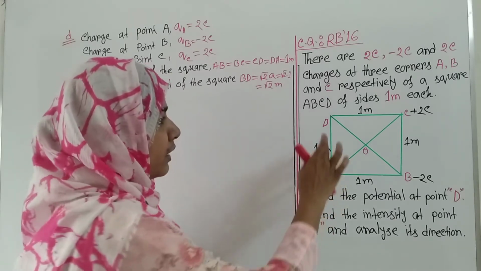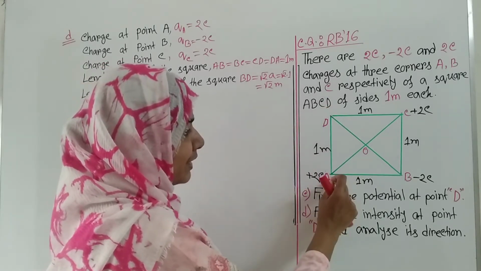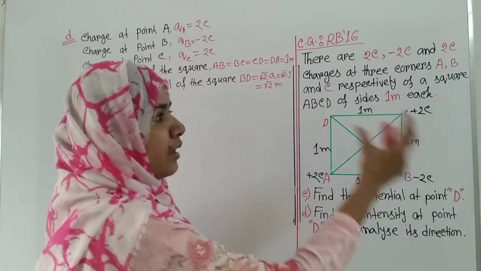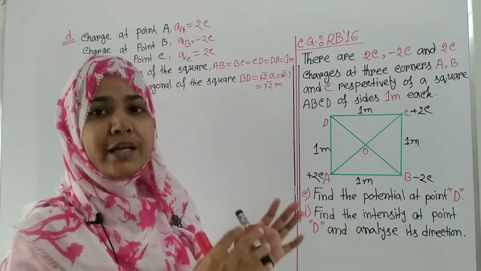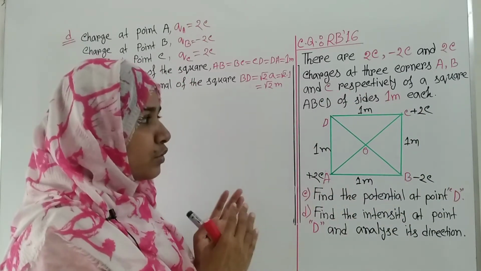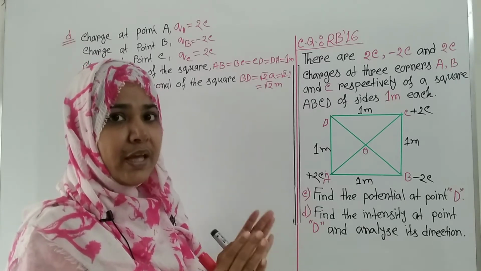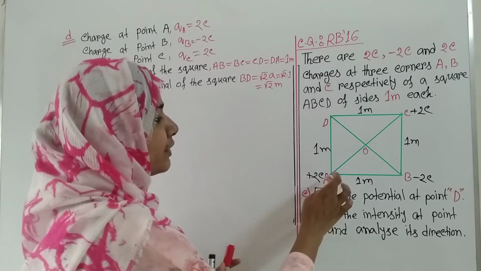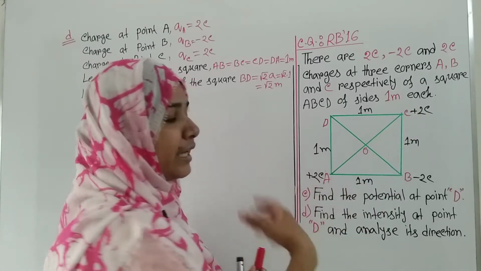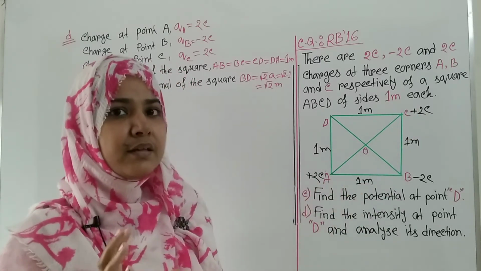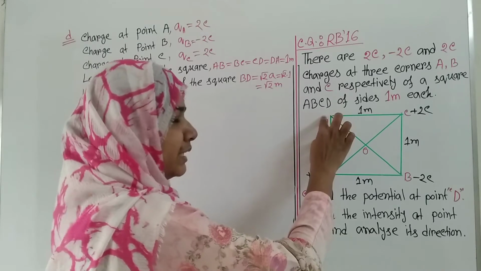Now at point D, 3 charges are acting with force. So to solve this type of question, we first calculate the resultant of A and C, then we can easily calculate the final resultant at D.